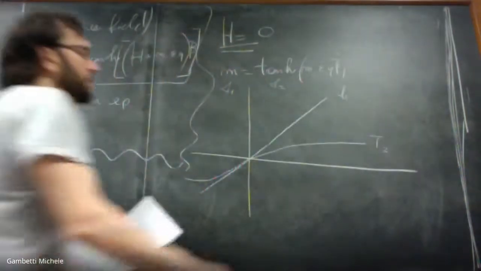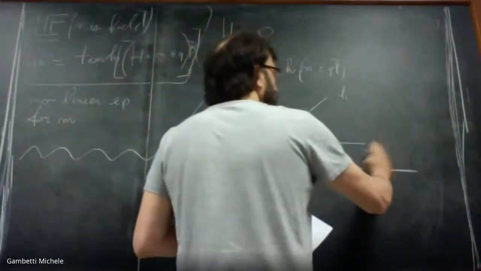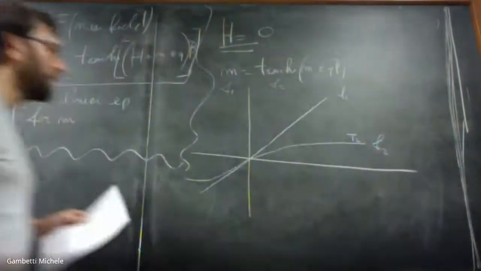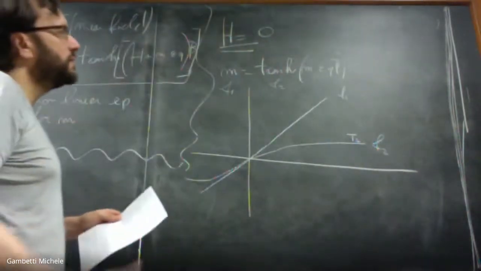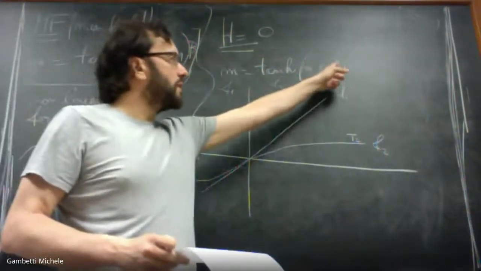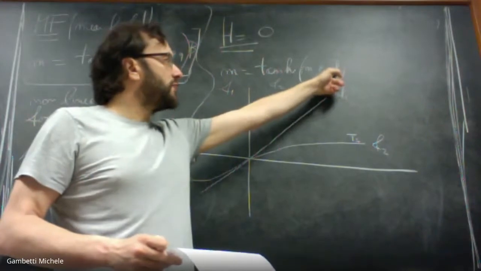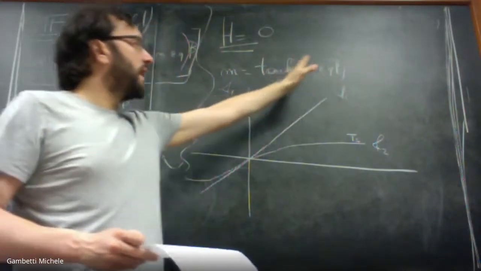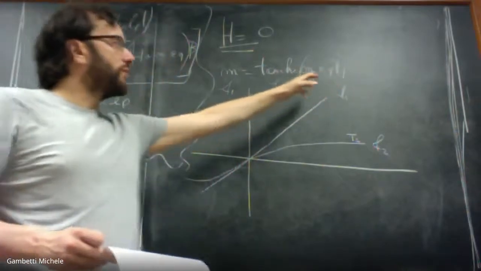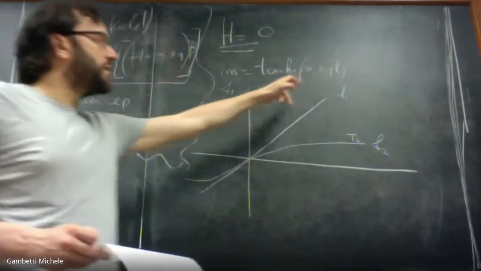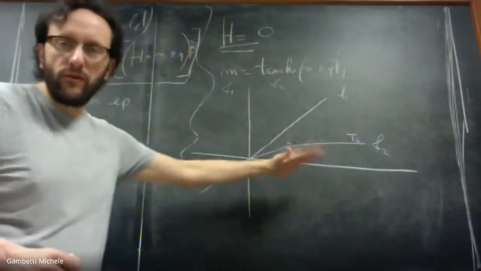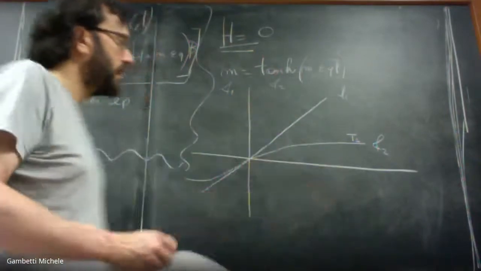And I'm plotting F2. Here is F2 for T2. And now let me decrease the temperature. So when the temperature is large, 1 over beta is small, and therefore this guy is going to 0. So for T infinity, beta is equal to 0, the hyperbolic tangent is 0. So it will be flat on the x-axis.